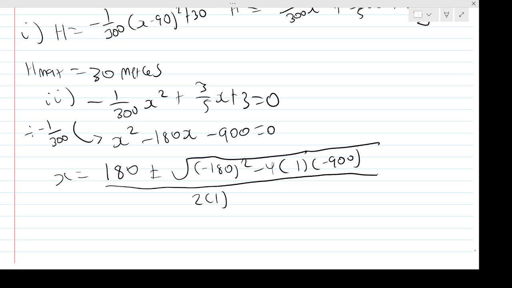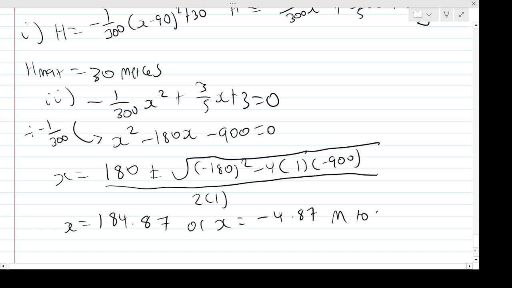And therefore if I solve that, put that in the calculator, I get x is 184.8, I'm going to do 87 or minus 87 meters to 2 dp.